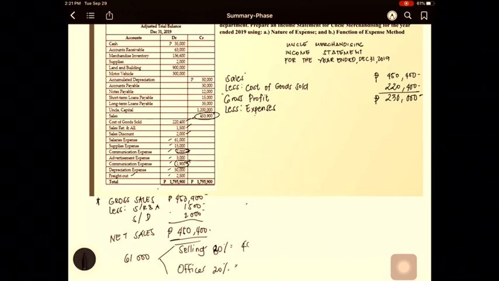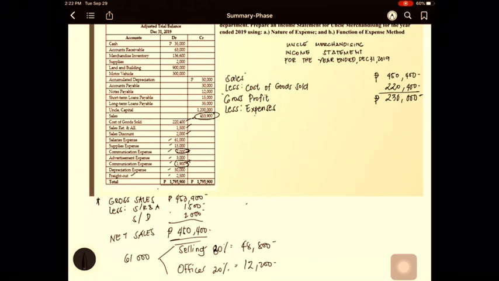We have 48,800 salaries expense under your selling expenses, and then the remaining 20%. So 20% times 61,000 for the salaries expense. We have 12,200 salaries expense for your administrative expenses.